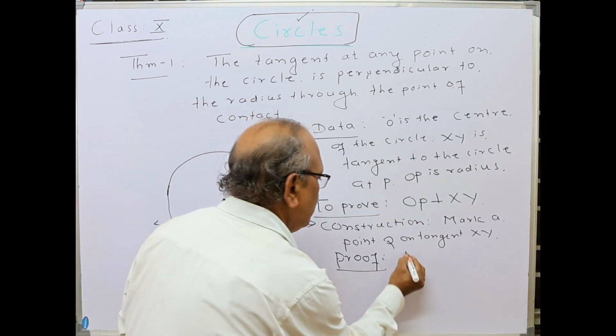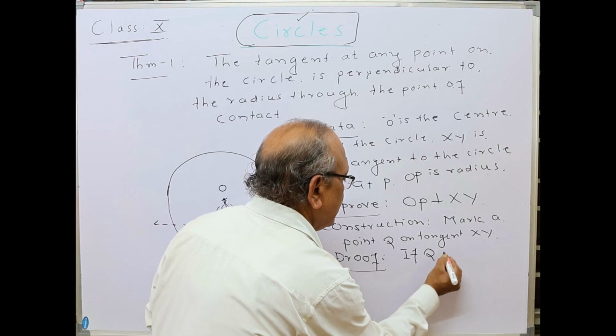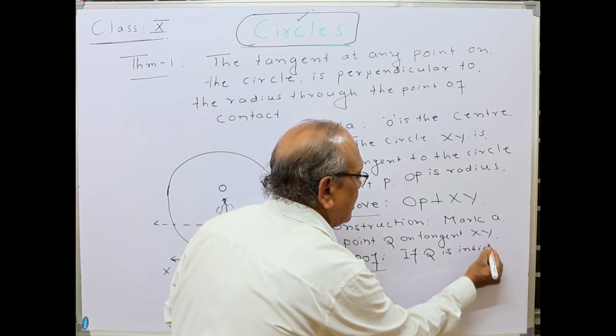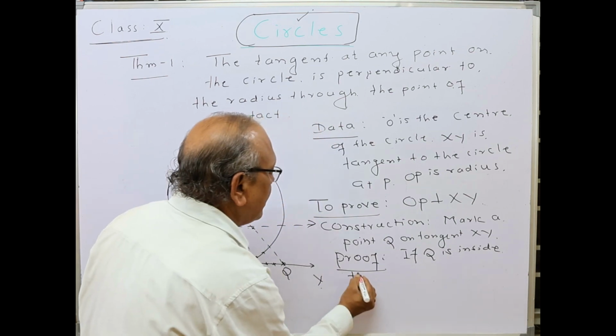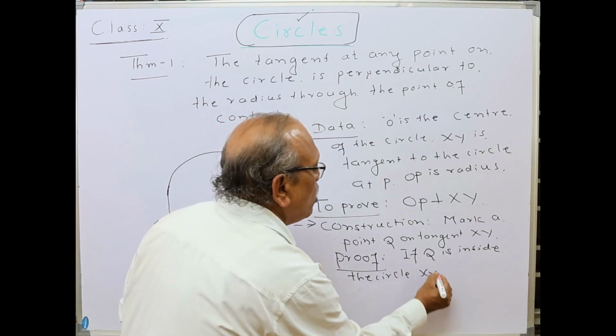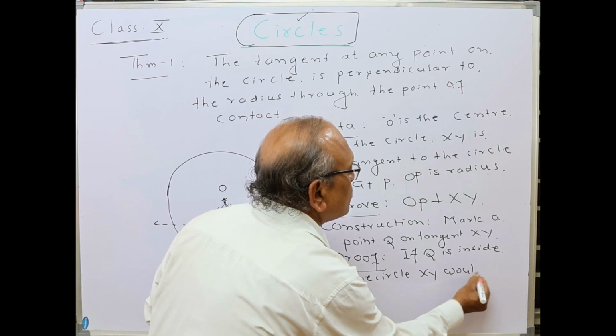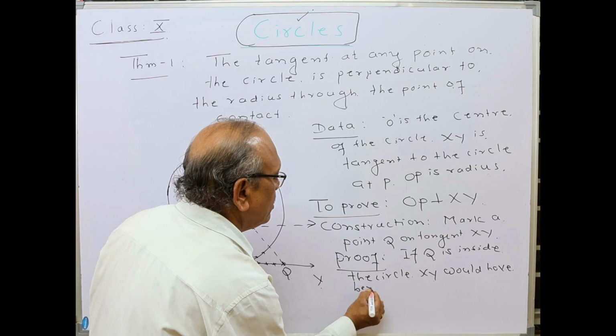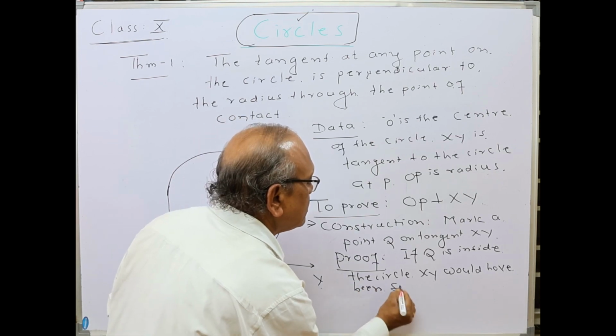Let us write the logical proof. If Q is inside the circle, XY would have been a secant.